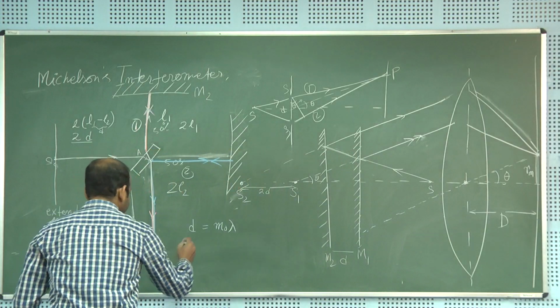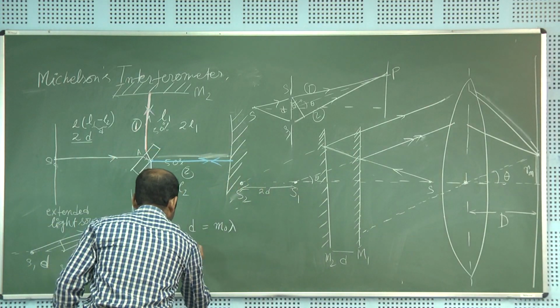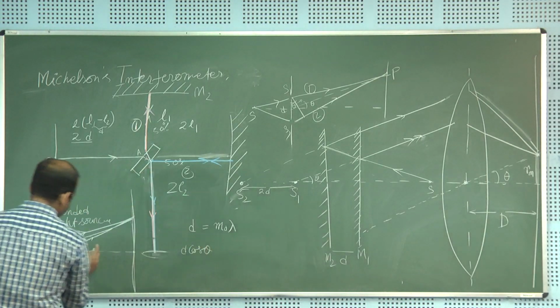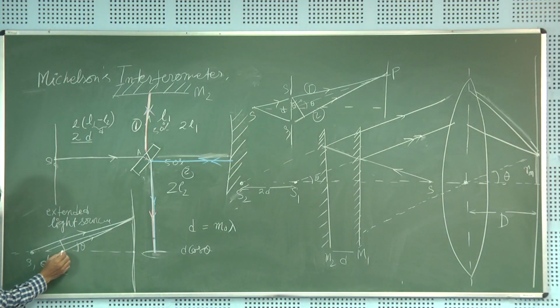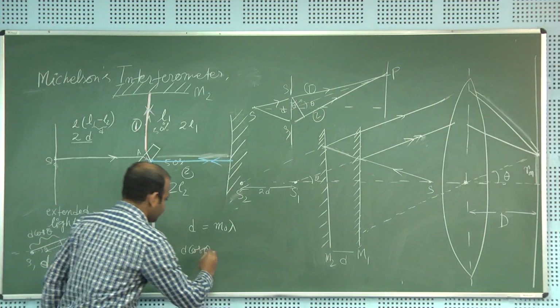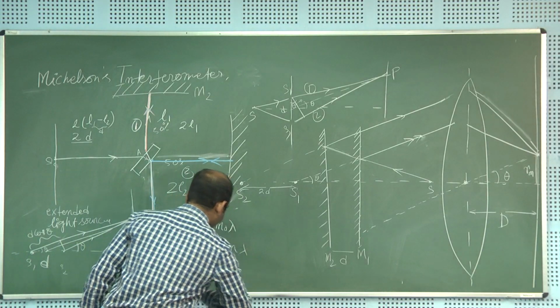And then what happens is d cos theta at non-zero theta, basically this is the path difference, and if this is theta, this would be d cos theta, and d cos theta would be m lambda.